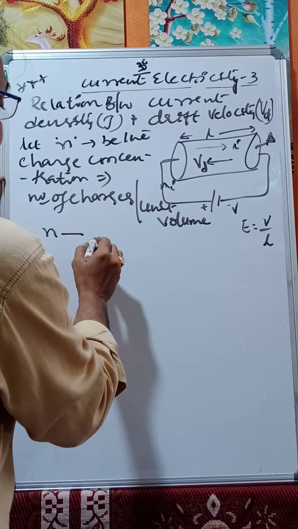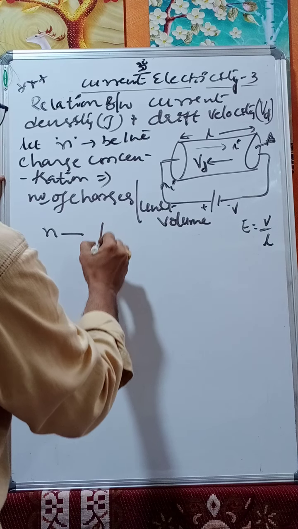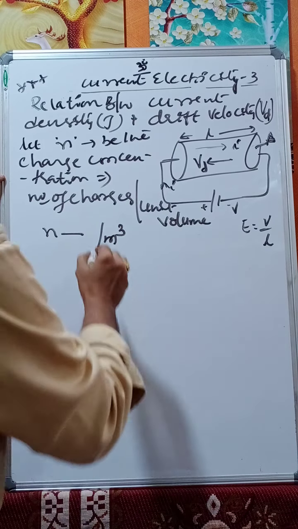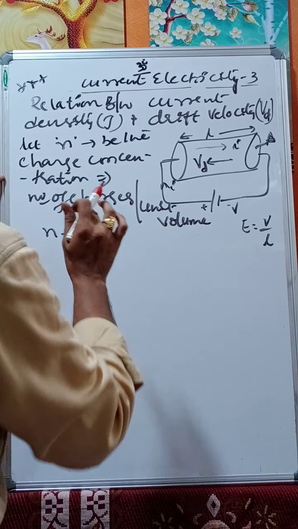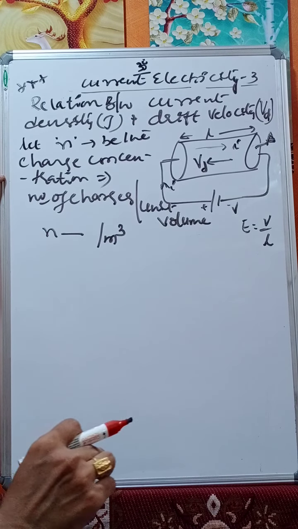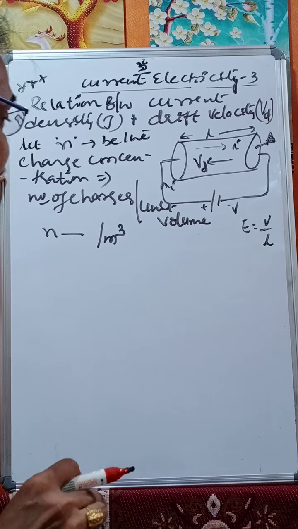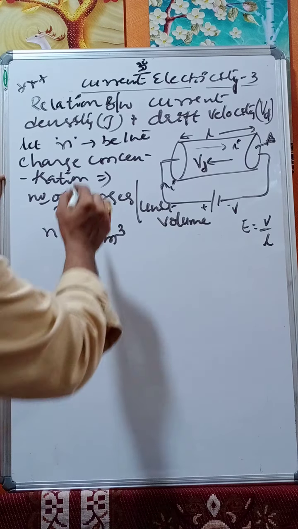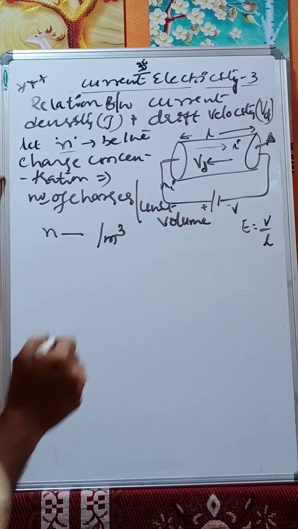What is the unit of N here? Number by volume, that is per meter cube. Concentration unit is per meter cube. Let N be the charge concentration.